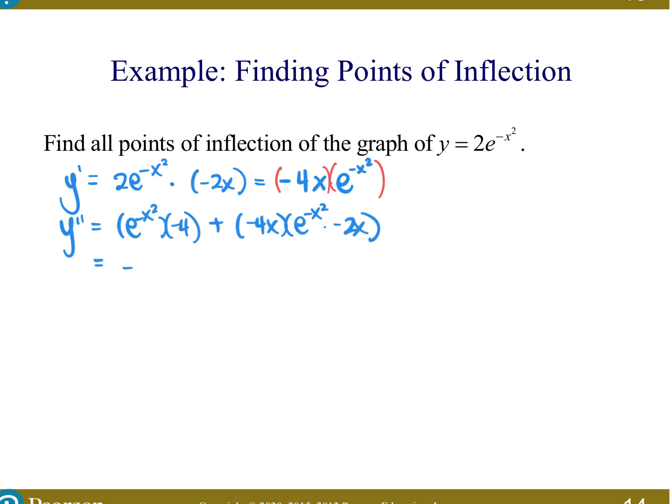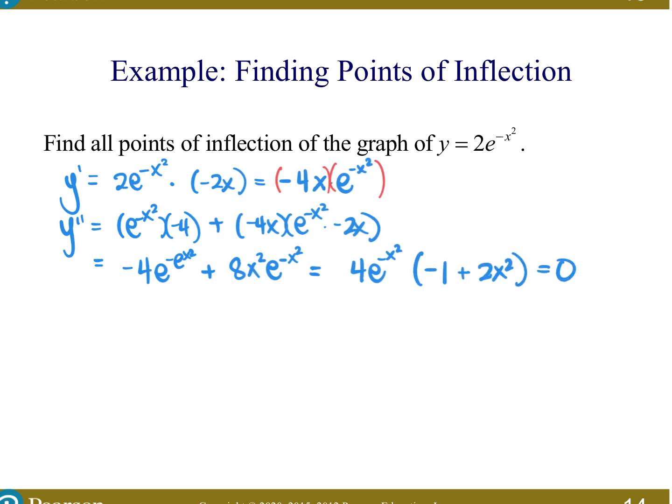So cleaning all that up, negative 4e to the negative x squared plus 8x squared e to the negative x squared. Factoring that, we recognize that we could take out a 4 and an e to the negative x squared. That leaves me with negative 1 plus 2x squared. And I would set that equal to 0.